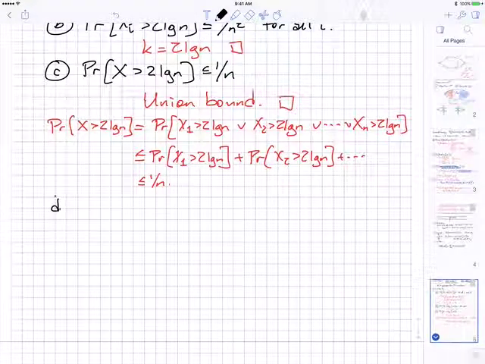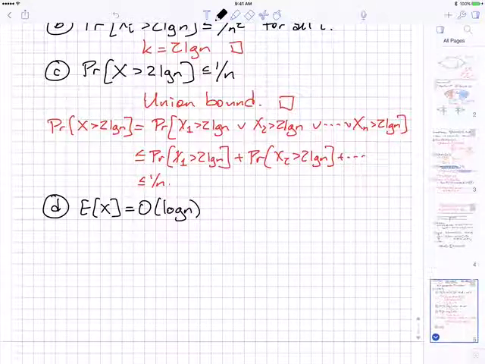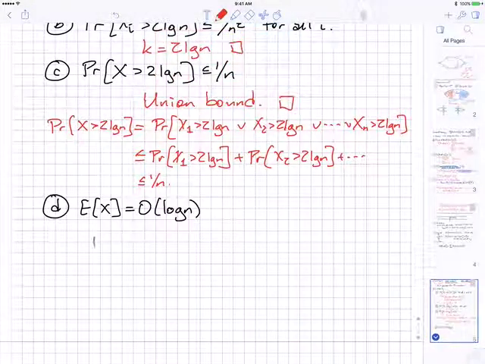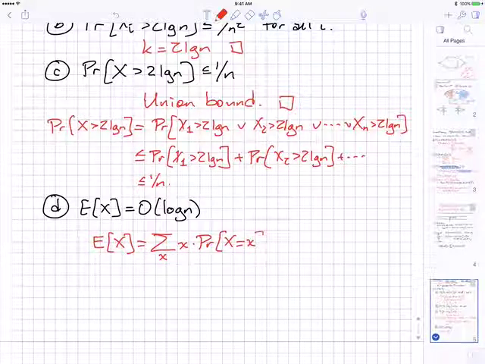Last question, D. Prove that the expected value of x is big O of log n. And this is the part where you were specifically asking. Okay. So the expected value of x, by definition, is the sum over all values of little x of x times the probability that x equals little x.